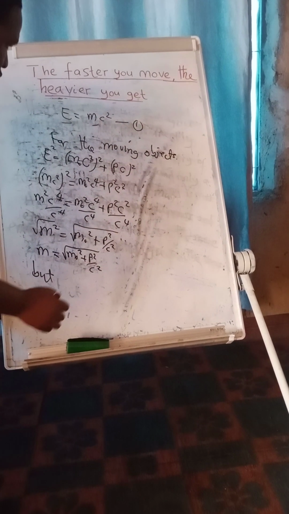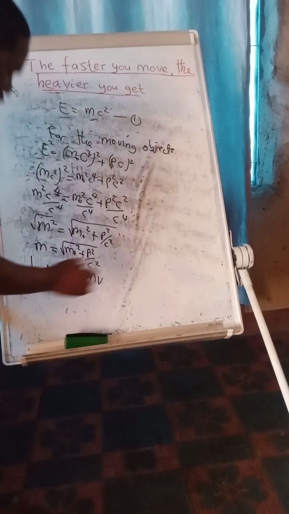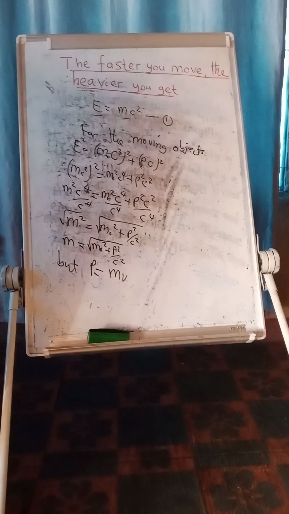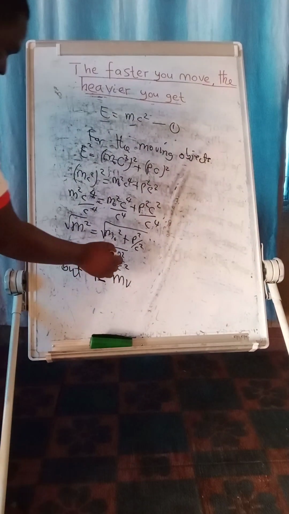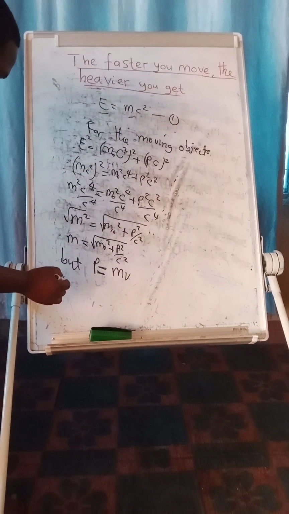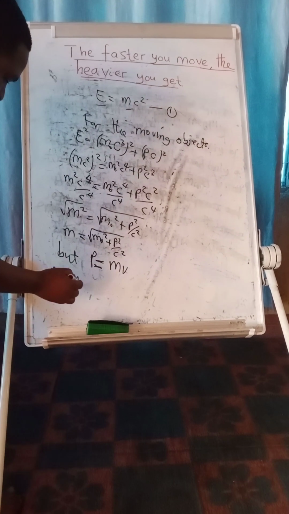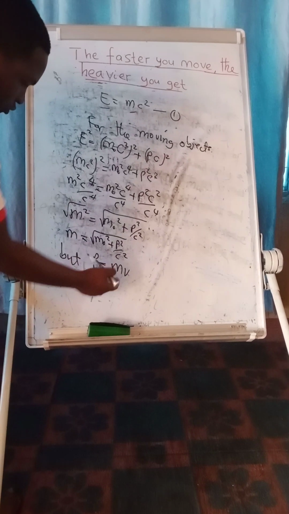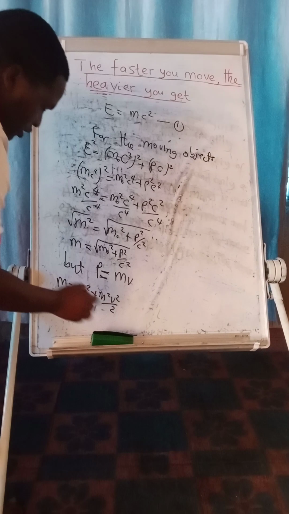But the momentum of the moving object is given by mass times velocity, so we have to substitute it here. Our momentum is mv, so we get m square v square over c square.